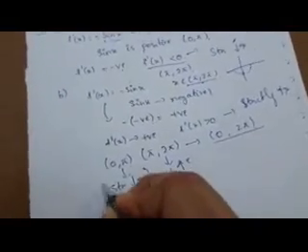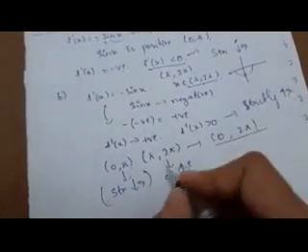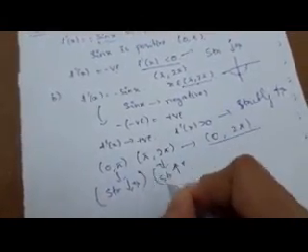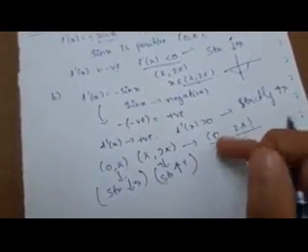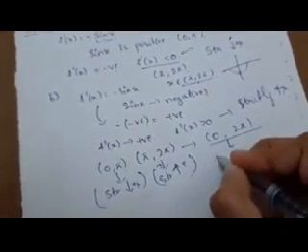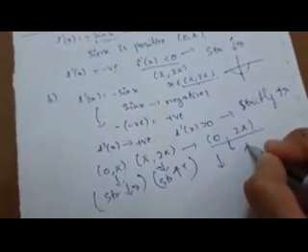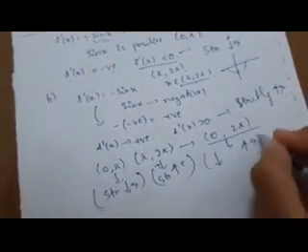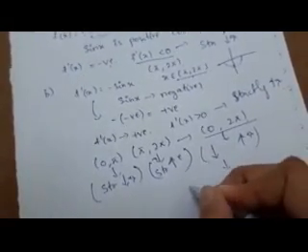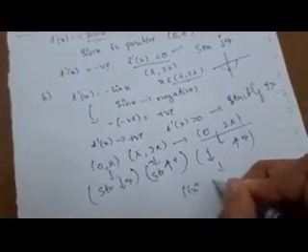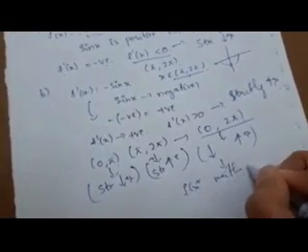So within this 0 to 2 pi, we have a strictly increasing curve and also a strictly decreasing curve. So from 0 to 2 pi, the function f of x is neither increasing nor decreasing.